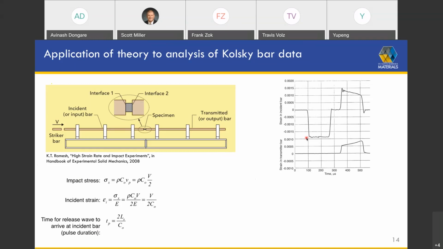Now, when you go to BCC materials, the situation changes. There, because of the nature of bonding, the lattice resistance itself is important. The intrinsic lattice resistance, or the Peierls stress, whatever you want to call it, in BCC materials is typically 1 to 2 orders of magnitude higher than it is in FCC materials, everything else being equal. So steels get a lot of their strength just inherently from the lattice resistance of iron.